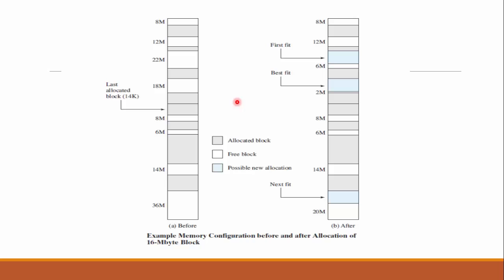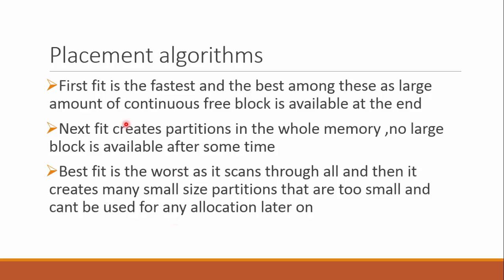The first fit starts searching for memory from the start, and there is a large amount of free memory left at the end of the memory, so big programs can also be fit later. So yeah, first fit is the best, and it leaves a large continuous free memory block at the end.